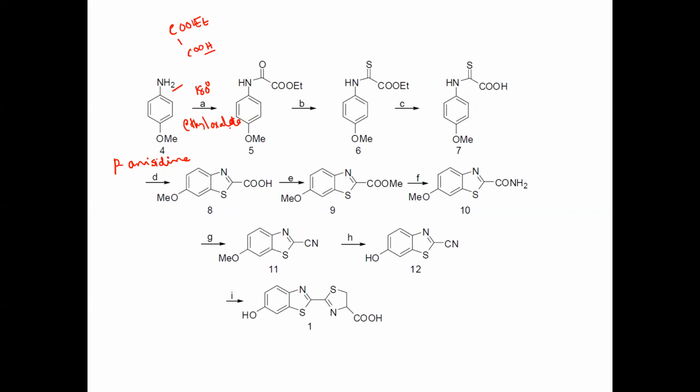The second step: the O should be replaced by sulfur. Our aim is to make sulfur and nitrogen in the same ring. So in the next step, we have to replace the O by sulfur. To do that, we can make use of P2S5 reagent, and we have to reflux using P2S5.